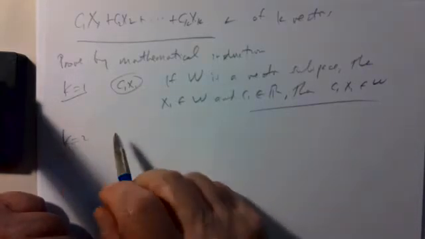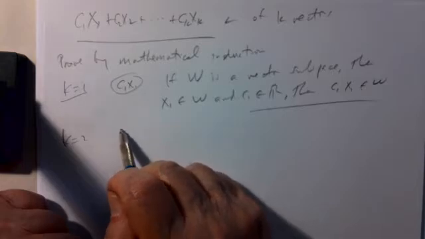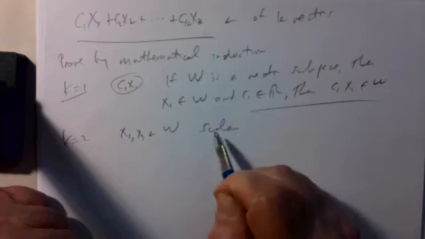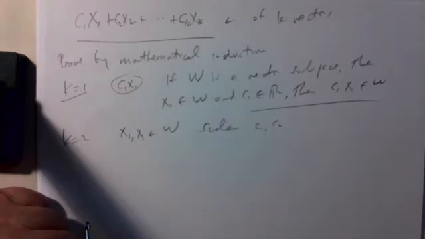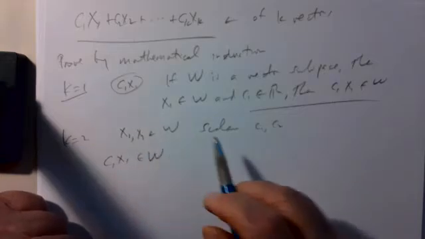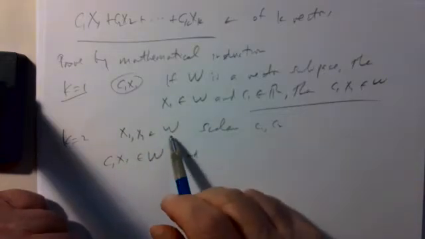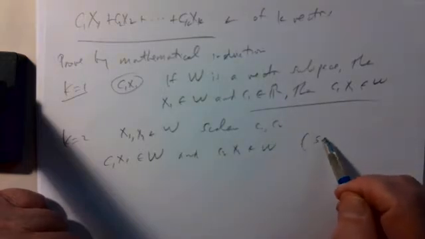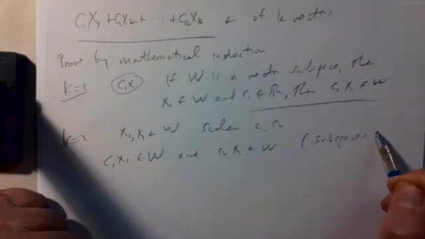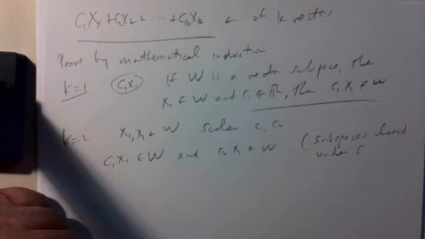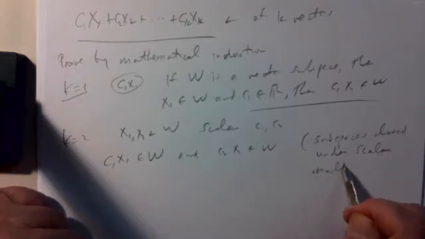Suppose we look at the case k equal 2. So you have vectors x1, x2 in W, and scalars c1 and c2. Because W is a subspace, c1x1 is in W. And because W is a subspace, c2x2 is in W. The reason is subspaces are closed under scalar multiplication.